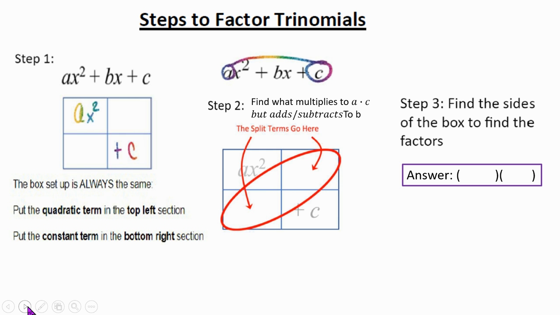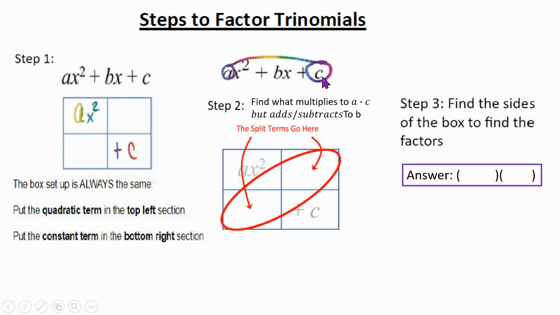All right, so here are the steps. I know this isn't in your notes, but I just wanted to go over the process for every single type of problem. The first one is always take that leading coefficient or that quadratic term and put it in the first box, and take the constant term and put it in the second box. So that's always what you're going to want to do first. Then step 2 is you're going to take the number in the front times the number in the back, and whatever you get there, we call it A times C. We don't know what that number is yet, but we want it to add or subtract to the middle number.